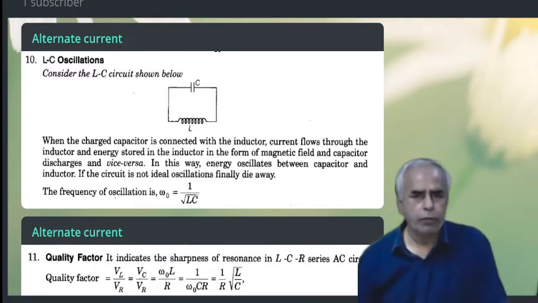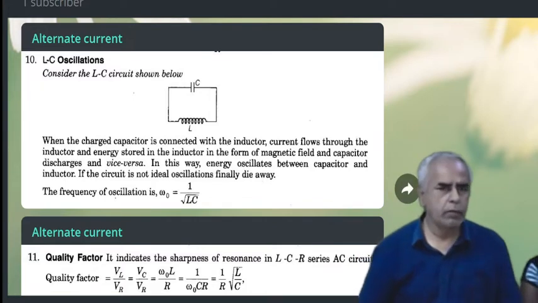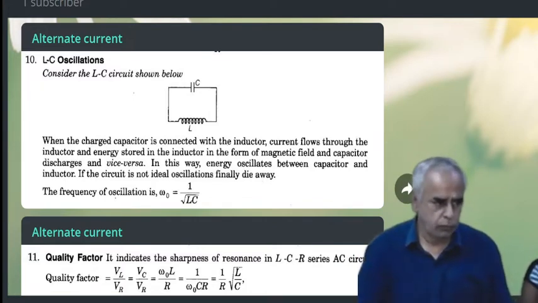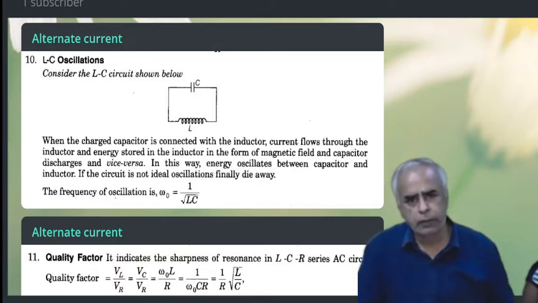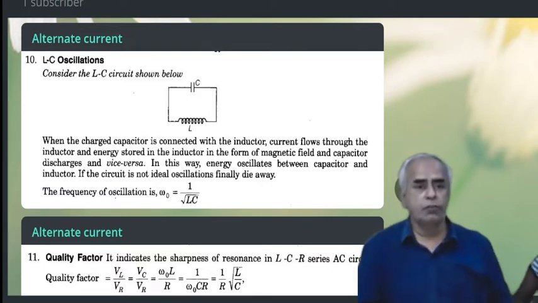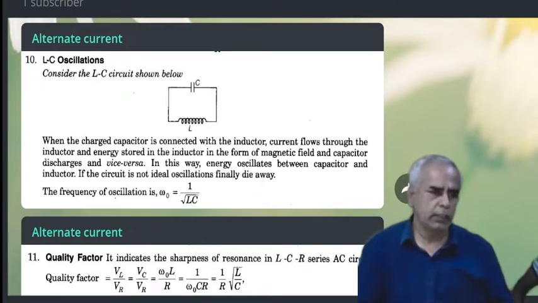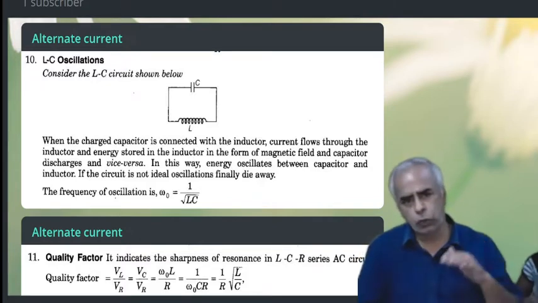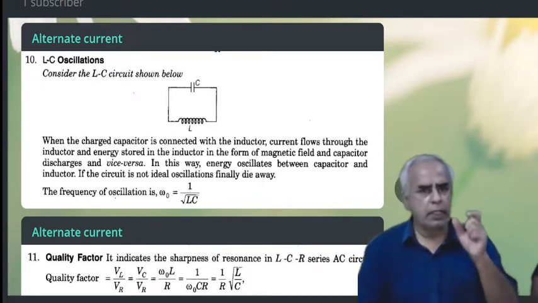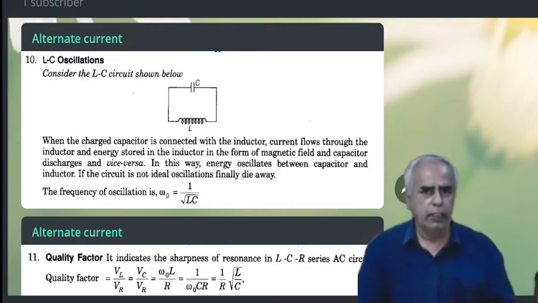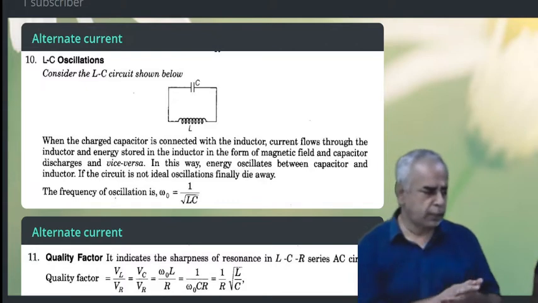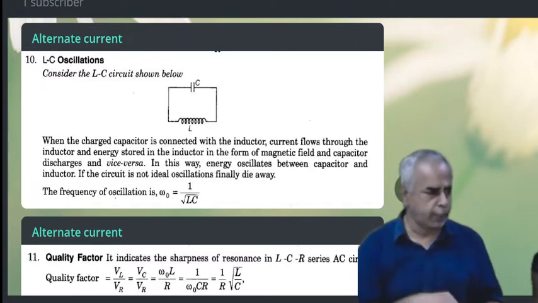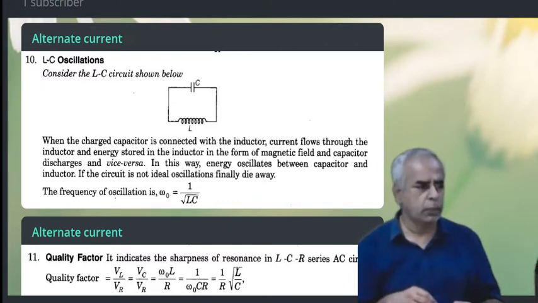So we have previously charged it and connected it to the inductor. The current flows through the inductor, and the energy is stored in the inductor in the form of a magnetic field, that we already know. In the inductor, energy is stored as a magnetic field. What about the capacitor? That is stored as an electric field.